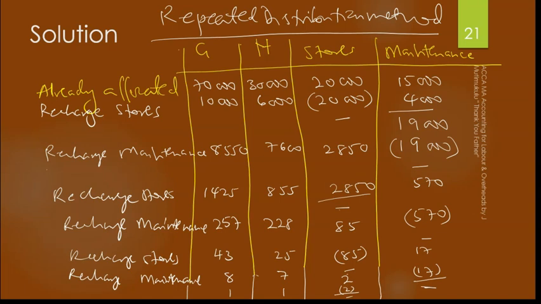You then have to add up all of the costs in each column of the 2 production departments. So let us try to add up and get the amounts. The final amounts should look like this. This is G, H, then stores, then maintenance.